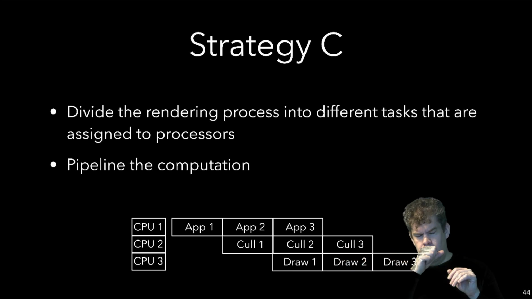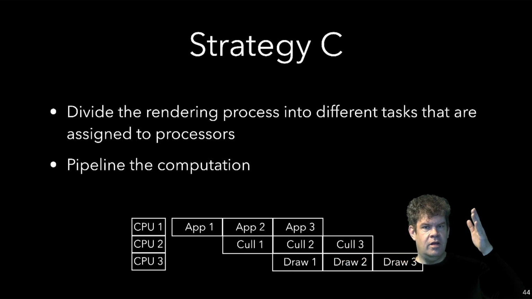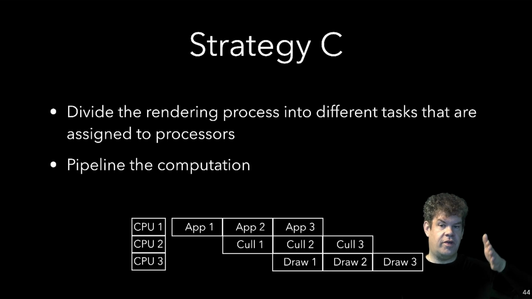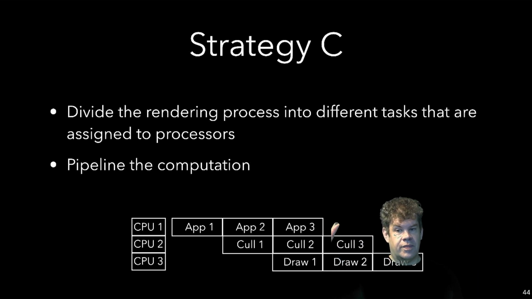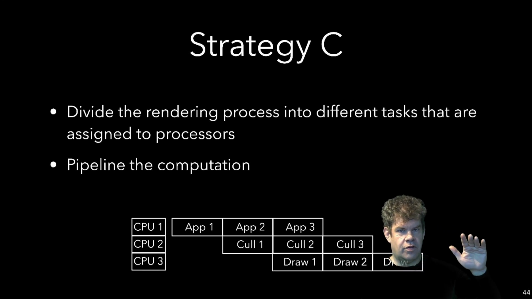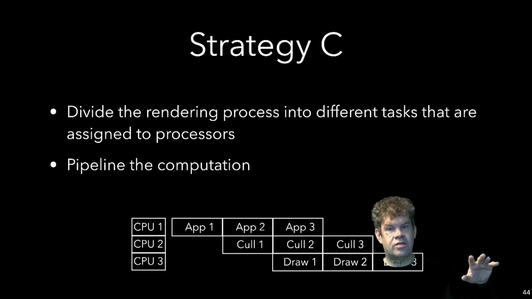If I just want to use one CPU, it would execute the application-specific part for the first frame, then the culling for the first frame, and then the drawing for the first frame. Instead, I could do the application-specific work on CPU 1 and submit the results, which are hopefully not big, so we don't overload the network, but can quickly be shot to the next processor.